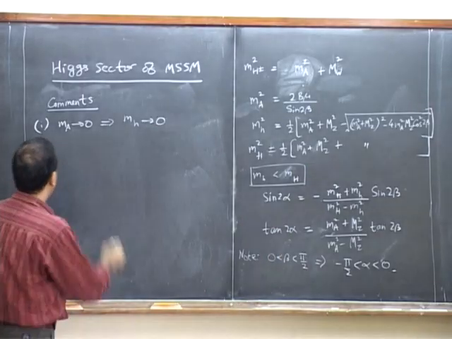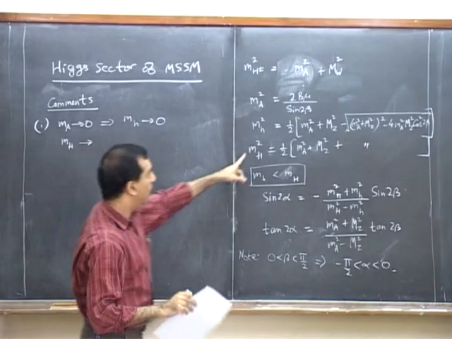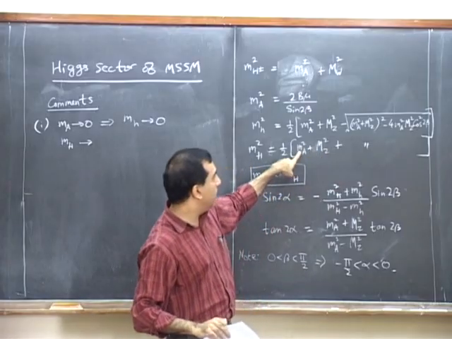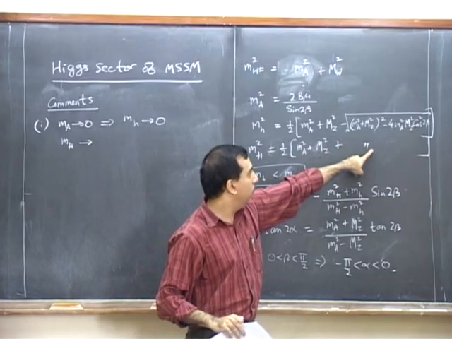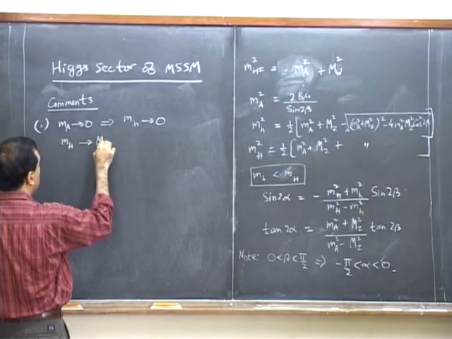Not only that, the other one, MH, this guy, then becomes the sum of these two equal terms, and as MA is 0, it's really the sum of MZ squared twice times the half, so it goes to MZ.